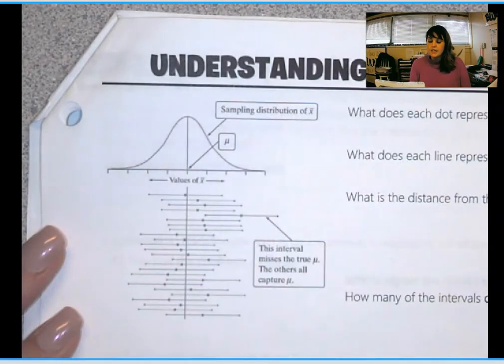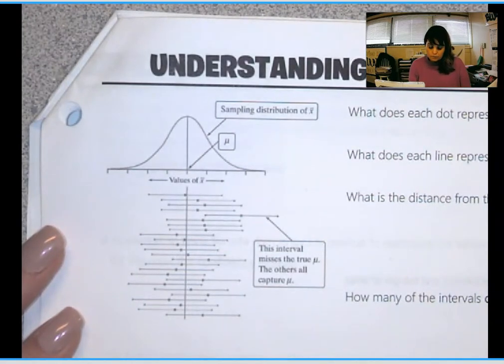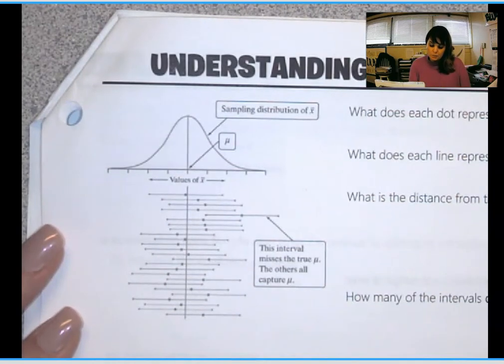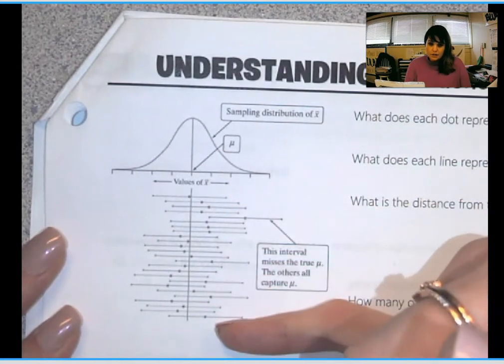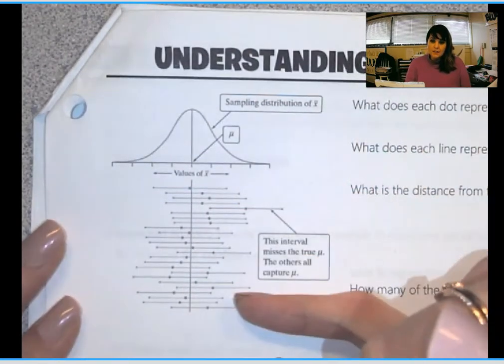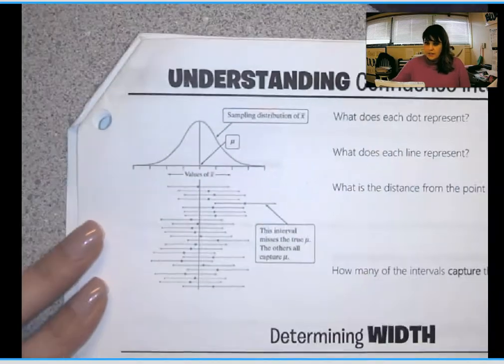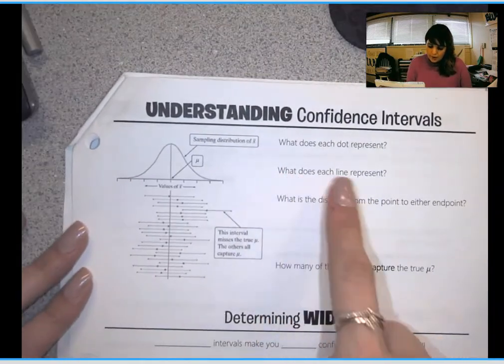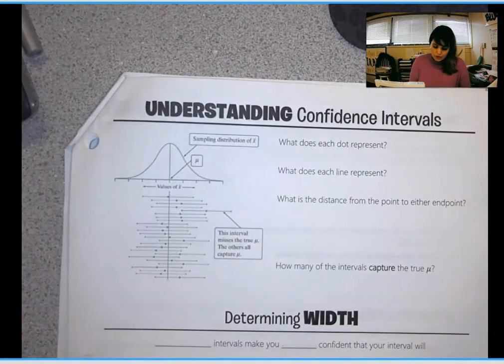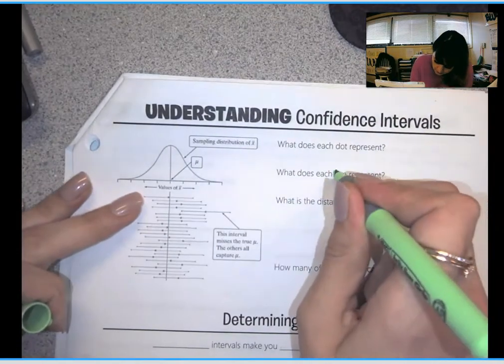Let's keep using the ACT example from the previous page. What you see underneath here are confidence intervals. This question says, what does each line represent?